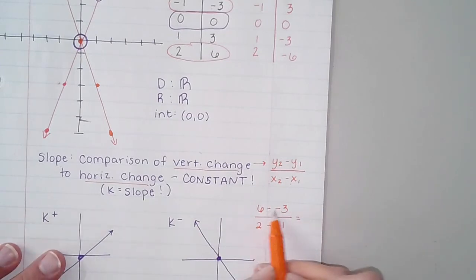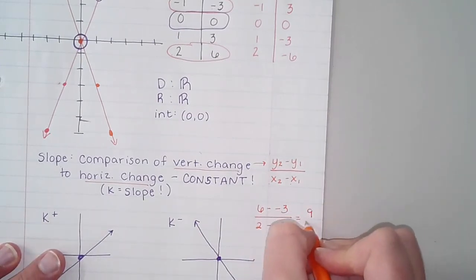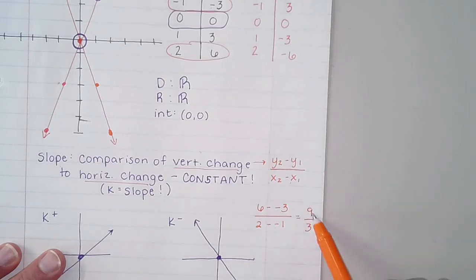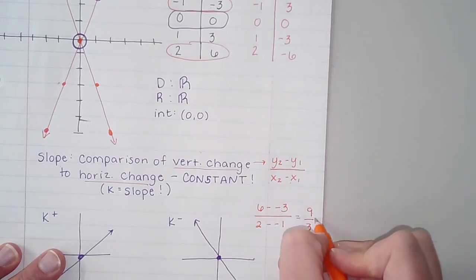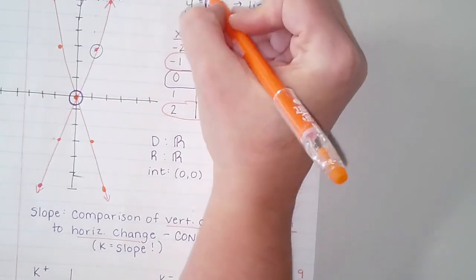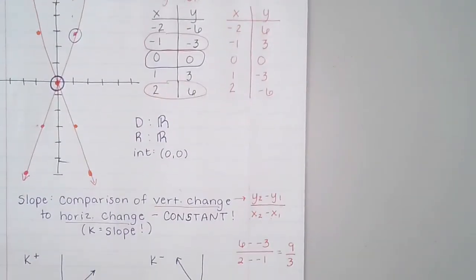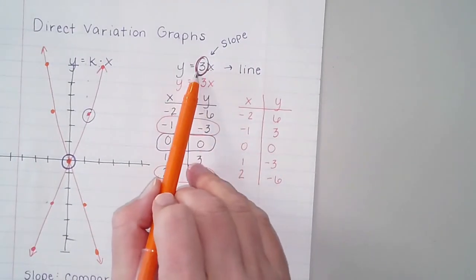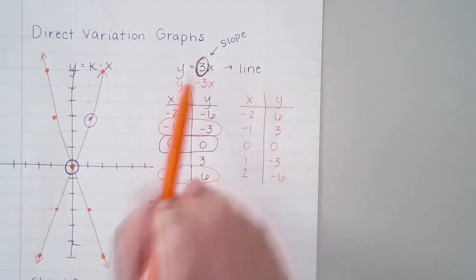So this would become 6 plus 3, which is 9, and 2 plus 1, which is 3. And then take a look there that 9 over 3 is really just equal to 3, which we said was our slope back here. Okay? So I just wanted you to see the connection between this calculation of slope and the value that you're going to find there in your k value.